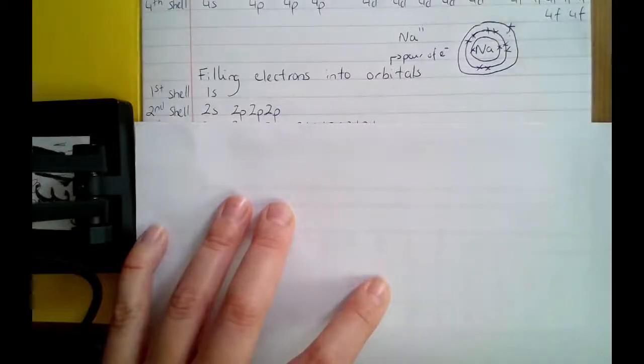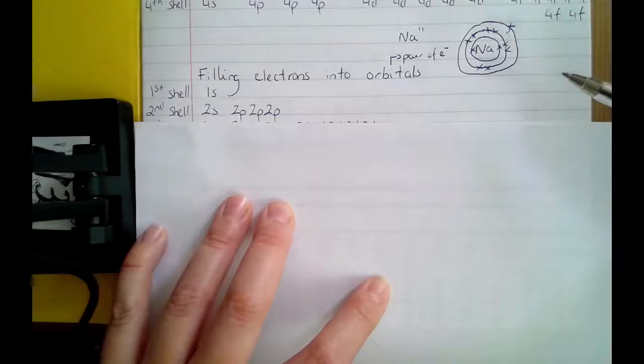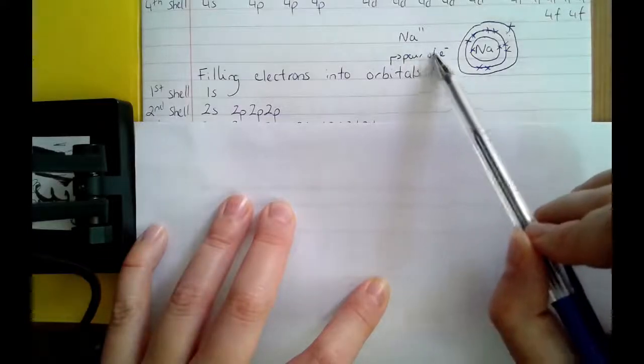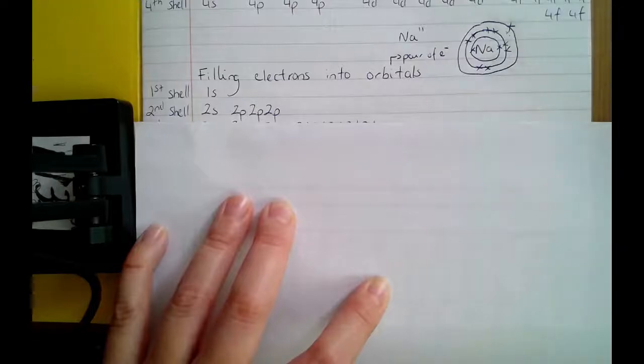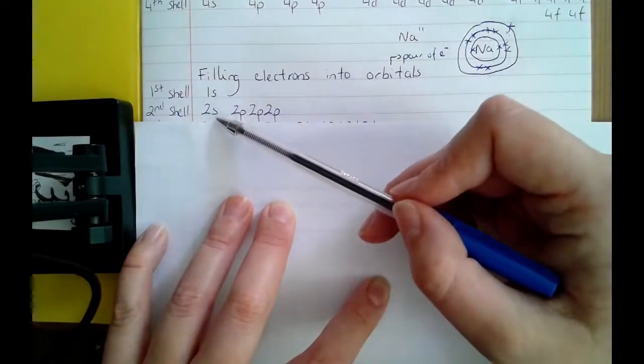At GCSE, it appeared that the third shell was full with 8 electrons. This is not in fact true. The third shell can hold 18 electrons. If it can hold 18 electrons, but each orbital can only hold 2, you are going to need 9 orbitals in total. Like with the first and second shell, you are going to have an s orbital.